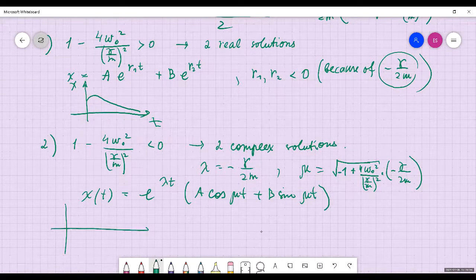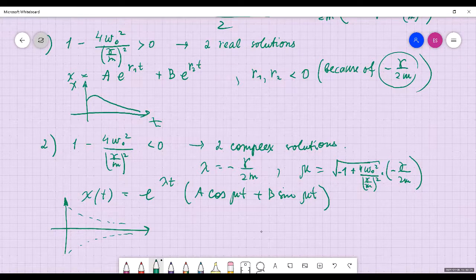Well, these two terms can be combined together the same way we did it in the undamped motion into one cosine or sine. This term means exponential decrease because the power here is going to be negative. So we are going to have something exponentially decreasing due to this term.